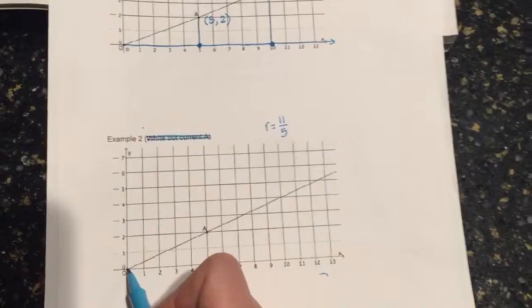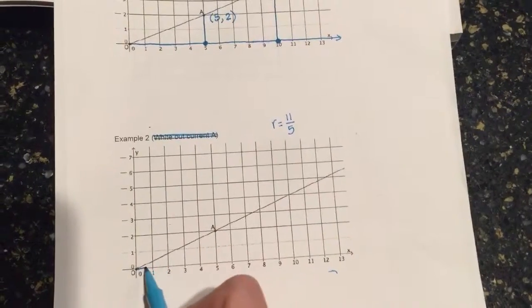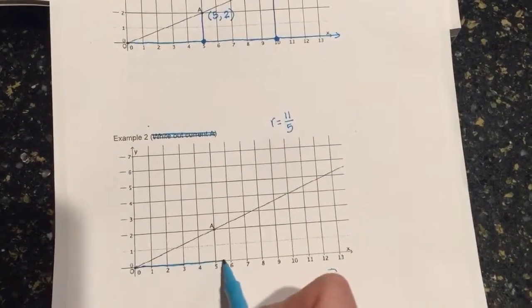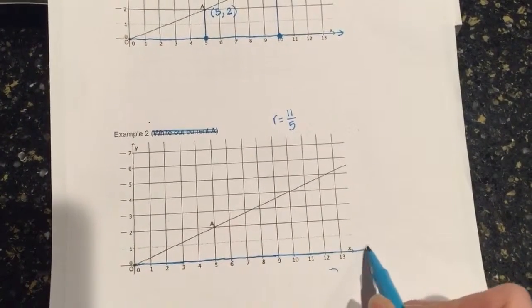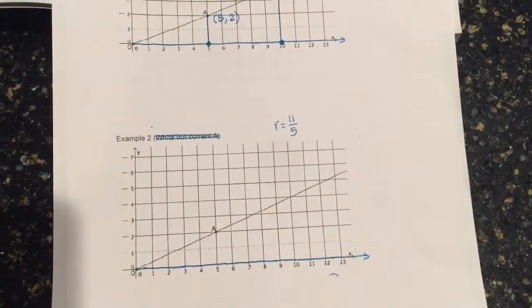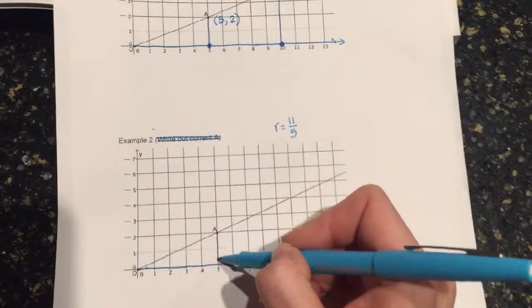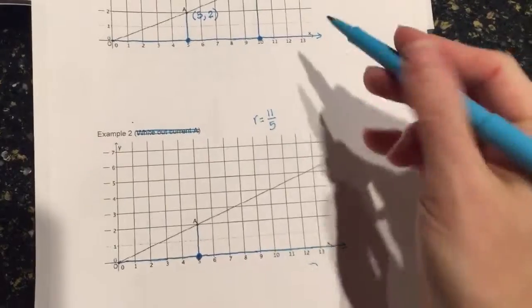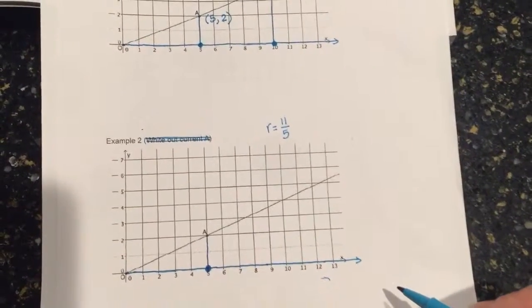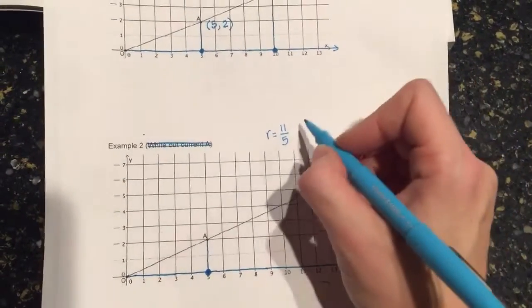Again, I have my second ray coming out along the x-axis from point O. I'm going to drop a vertical from A and create a point. Now let's backtrack for a second and remember how we find scale factor.